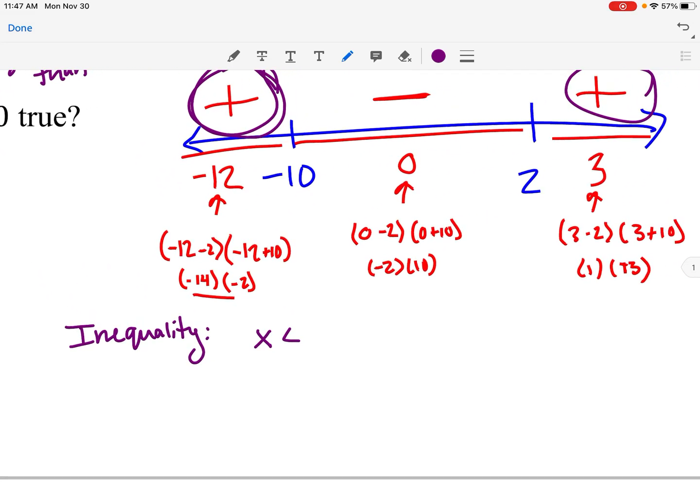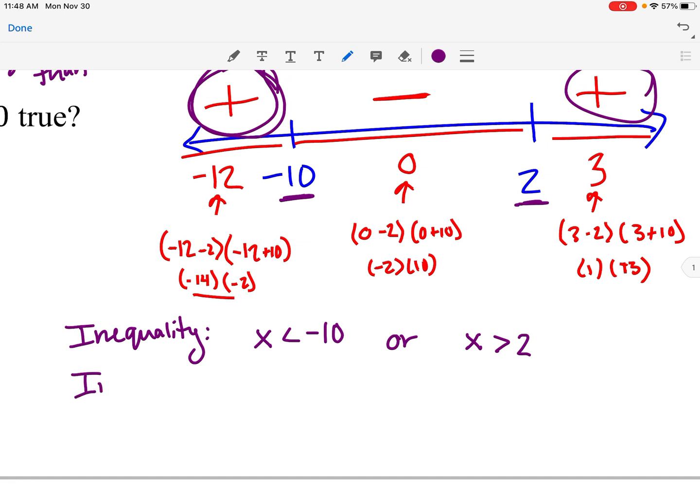So x is less than negative 10. Remember, that was our boundary. Or, remember if it's in two pieces, we use the word or, x is greater than 2, because that was our other boundary. So there's our inequality notation.